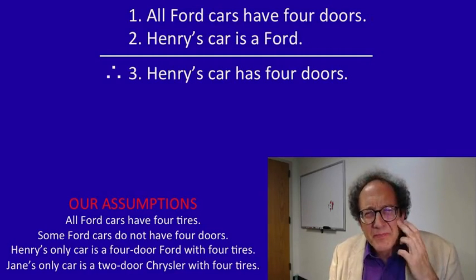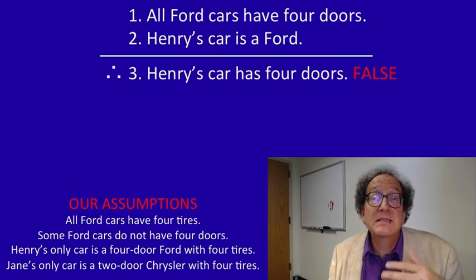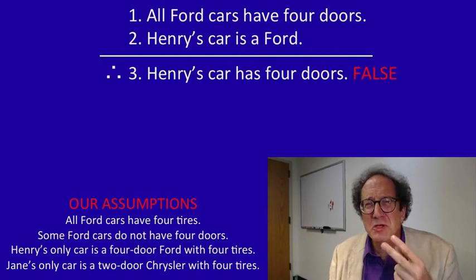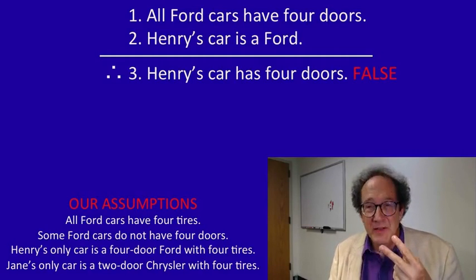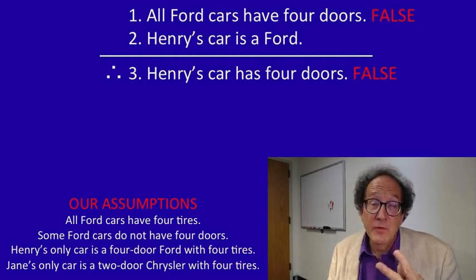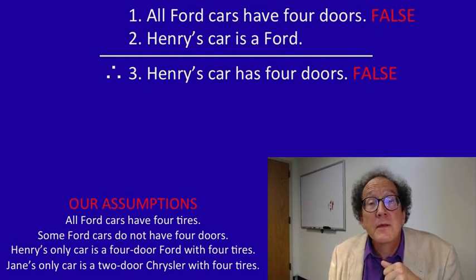Well, just imagine that the conclusion's false, that Henry's car does not have 4 doors, it's only got 2 doors. Then, there are really only 2 possibilities. Either it's a Ford or it's not a Ford. If it is a Ford, then the first premise is false. It's not true that all Fords have 4 doors.